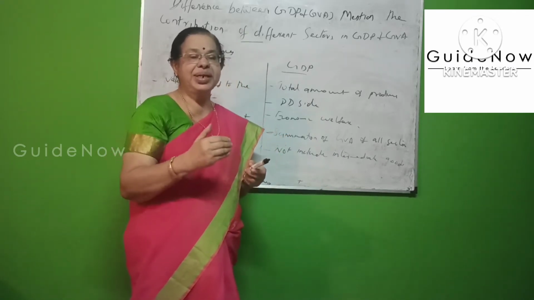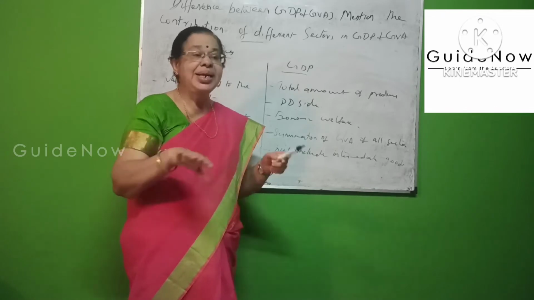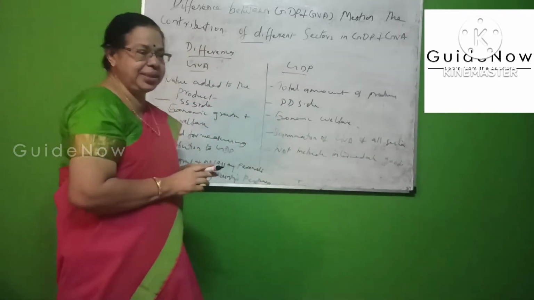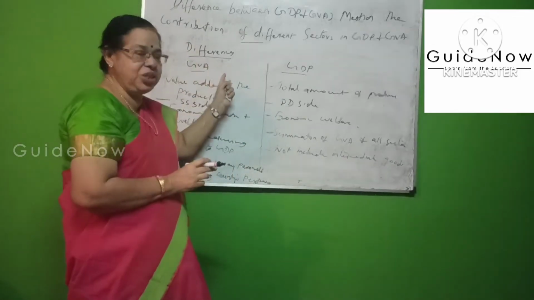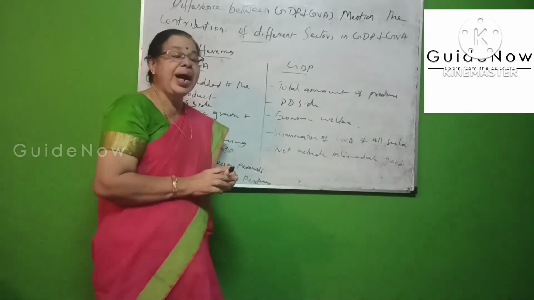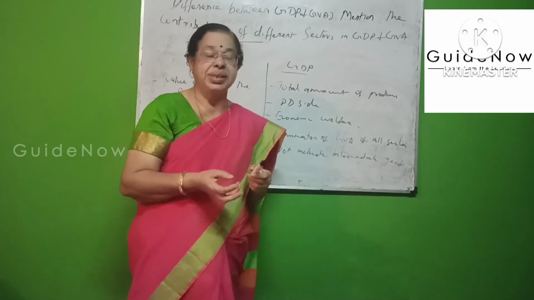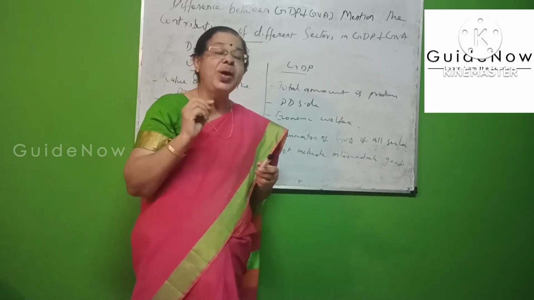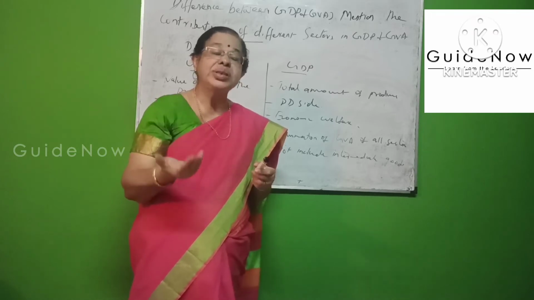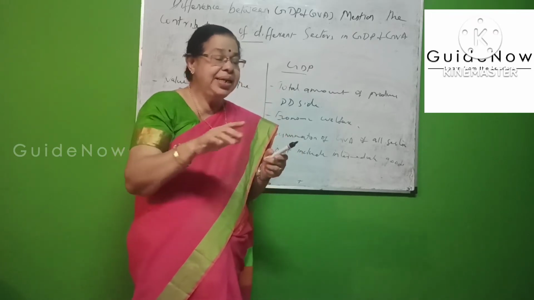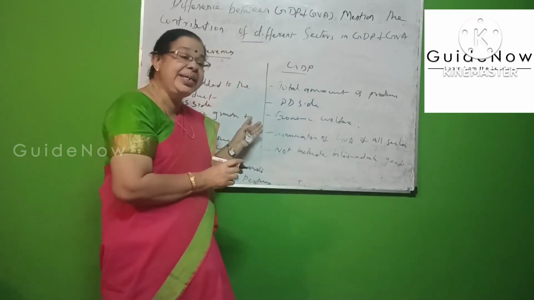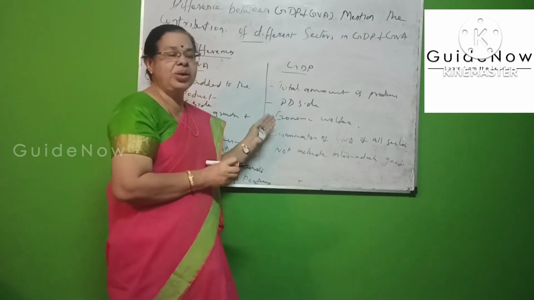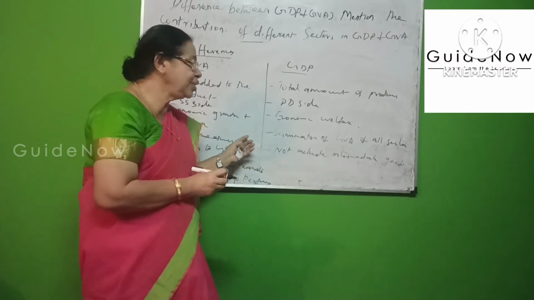Gross domestic product and gross value added, which are the important differences. The first important difference is that GVA is the value added to the product or services. That is, it includes only the addition to the value of the product or services.